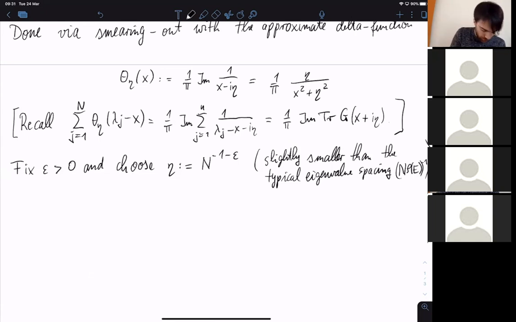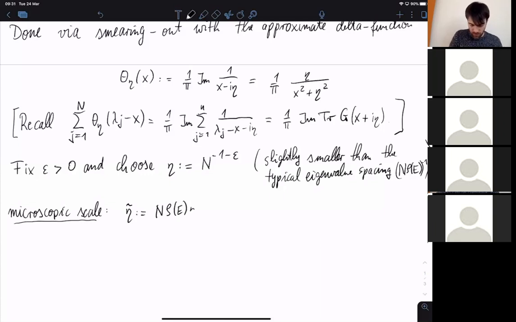And now we can write everything in terms of the microscopic scale. So on the microscopic scale, we have then the eta tilde, which will be n times rho(E) times eta, and that's rho(E) n to the minus epsilon.